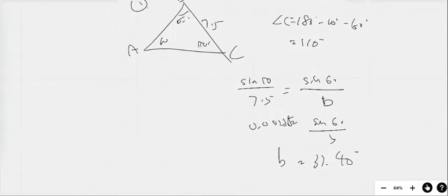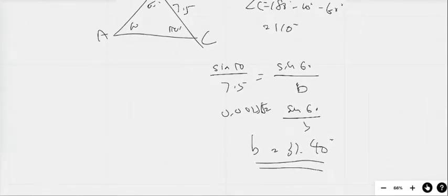With that, we get two components, side B and angle C.